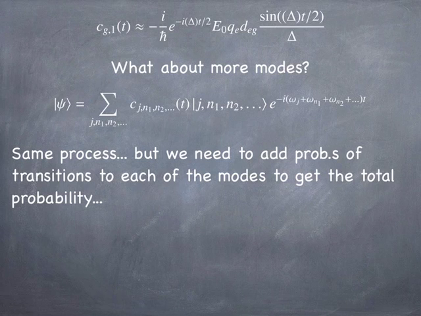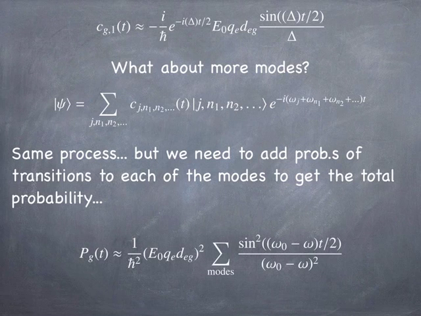And it's a generally fairly challenging problem, but if we assume that the system starts out with the atom in the excited state and no photons in any of the modes, then the final state is going to be the atom in the ground state and one photon in one of the modes, and then another state will be a photon in another mode. So what we end up having to do is to calculate the probability of a photon being in any one of those modes, but we have to add the probabilities up for all the different modes.